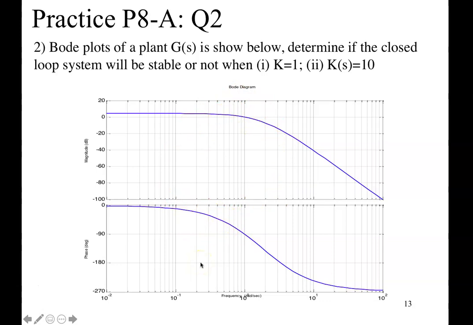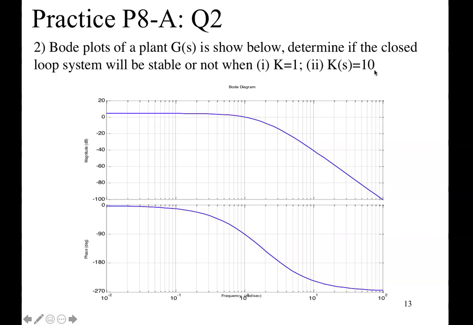It does not include K. I'd like you to determine if the closed loop system will be stable or not, in two cases: in one, K equals 1, in which case this is the same as K times G. But the second part is when K equals 10. So for K times G, you need to think about what to do with this K, because I have a constant.